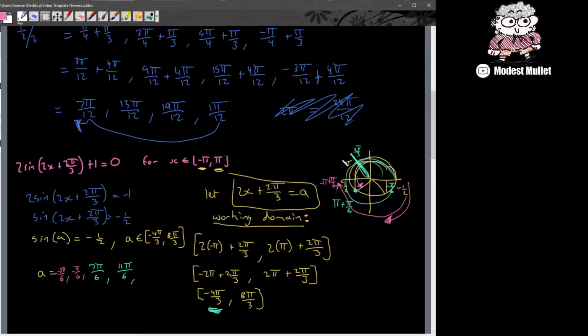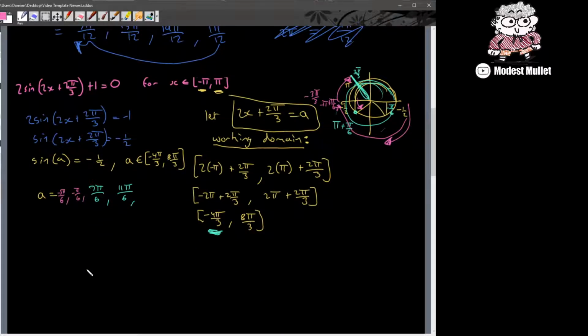And we're going to negative 4 pi on 3, so that's it, because that there is negative 3 pi on 3, and another pi on 3 just gets us up to there, so it doesn't get us back round to the fourth or third quadrant. So that's the 4 angles that all give us a vertical component of negative half. So that's the answer in terms of a, but we need an answer in terms of x.